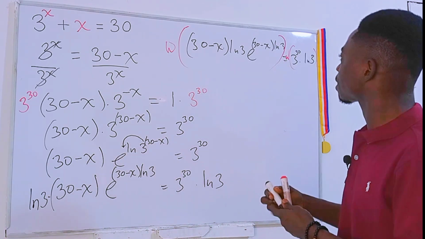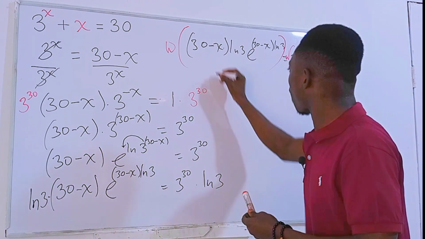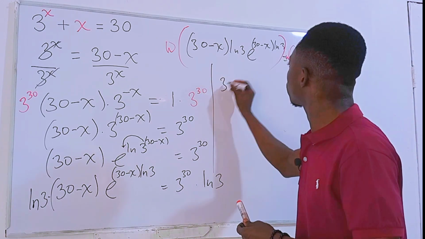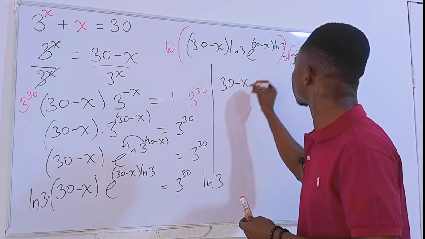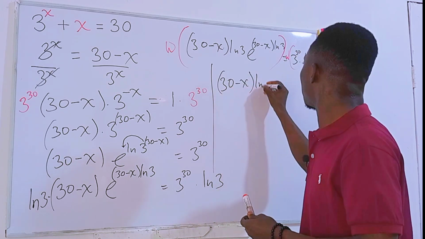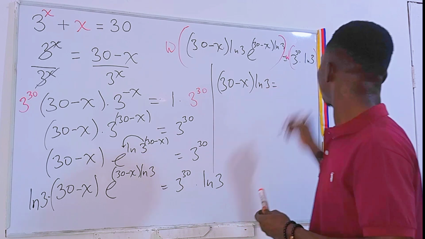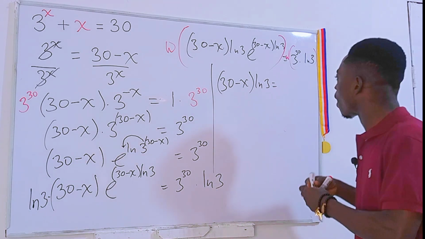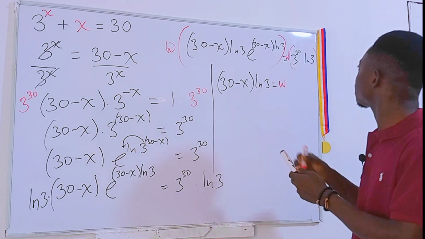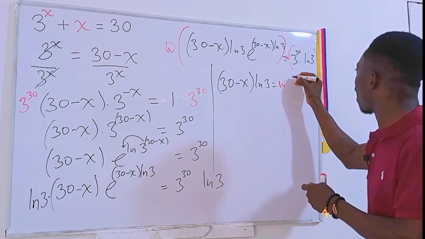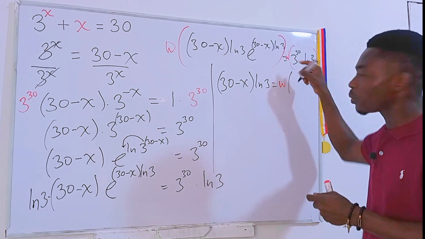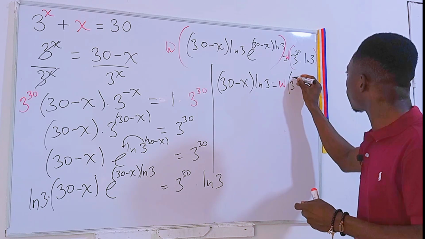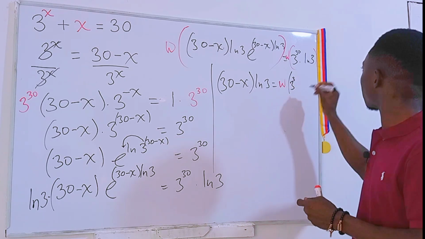Now that we have this, the left-hand side will be equal to 30 minus x times ln of 3. Then the right-hand side, check this out. We have our W right here. Let me write it. Then the inside, we have 3 to the power 30, which is the same as 3 to the power 3, just like this.